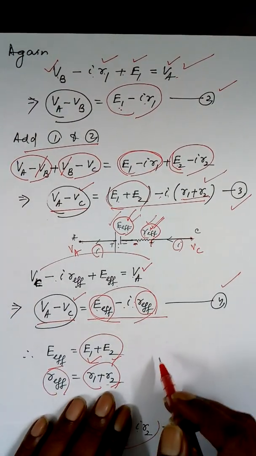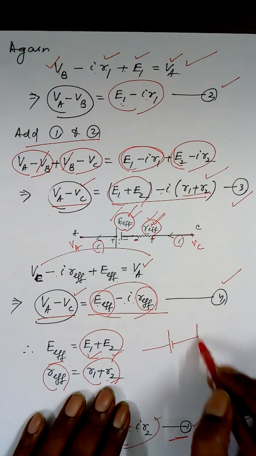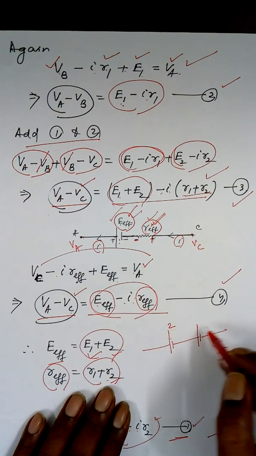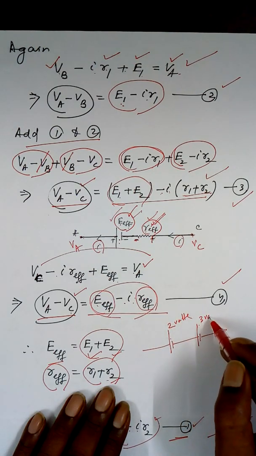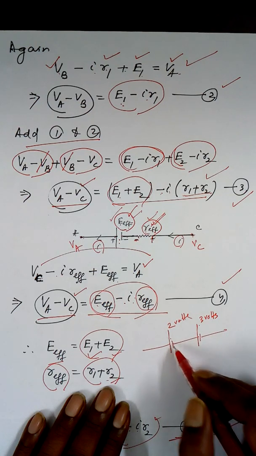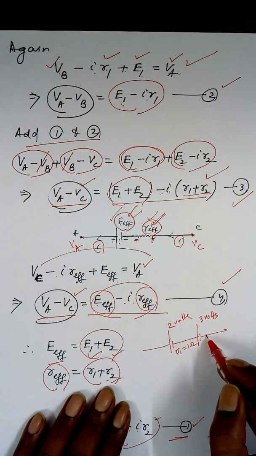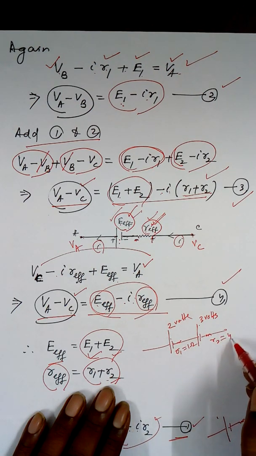Means if you have two cells like this, suppose one EMF is 2 volt, the other EMF is 3 volt, the internal resistance is 1 ohm, and suppose R2 is 4 ohm.